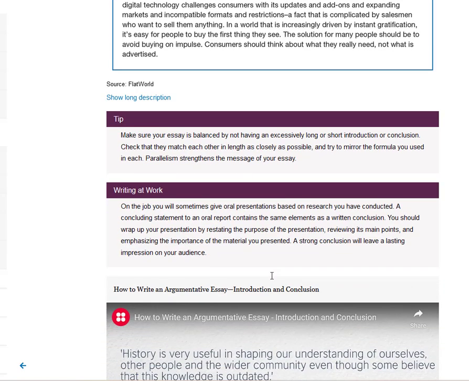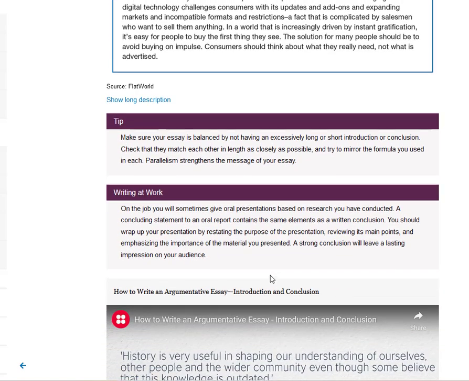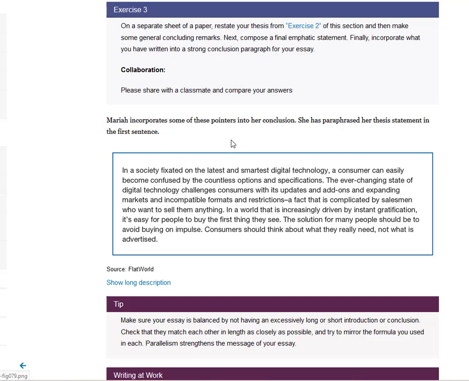So here is an effective conclusion paragraph. In a society fixated on the latest and smartest digital technology, a consumer can easily become confused by the countless options and specifications.